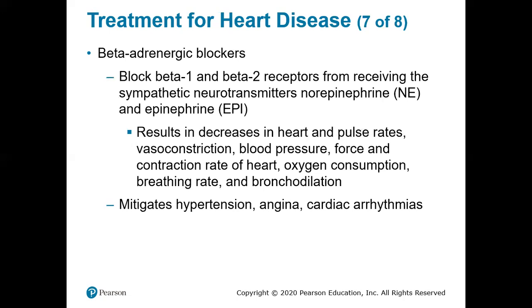Beta adrenergic blockers begin on page 478. They block beta 1 and beta 2 receptors from receiving the sympathetic neurotransmitter norepinephrine or NE and epinephrine or EPI. Results in decreases in heart and pulse rates, vasoconstriction, blood pressure, force and contraction rate of heart, oxygen consumption, breathing rate, and bronchodilation.